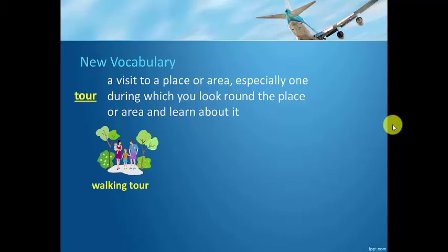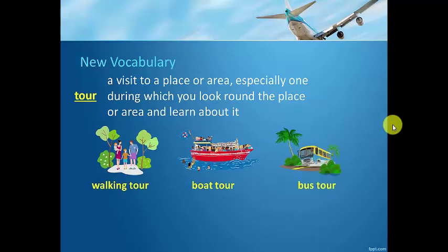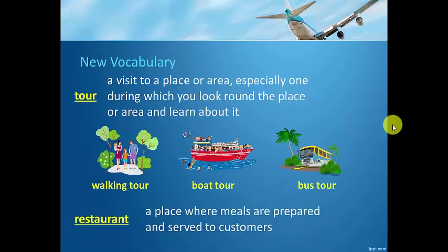We have walking tour, boat tour, and bus tour, and we have many other kinds of tours, but these kinds are in our unit, so we mentioned it. Restaurant, a place where meals are prepared and served to customers.